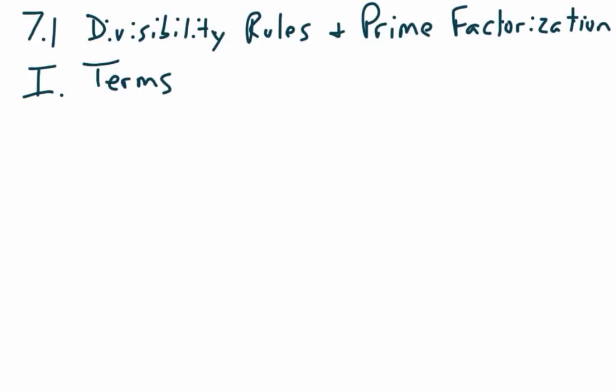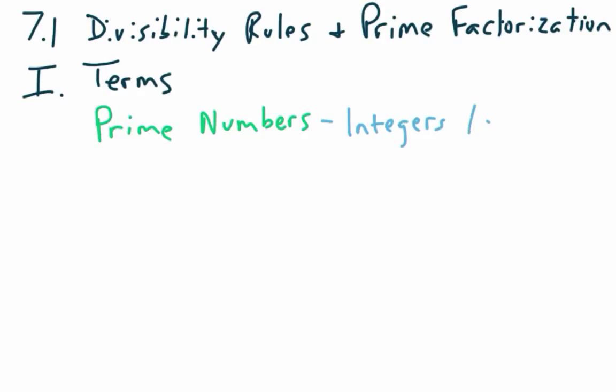The first thing we want to look at is prime numbers. Prime numbers are going to be integers larger than 1 that are divisible by 1 and themselves.